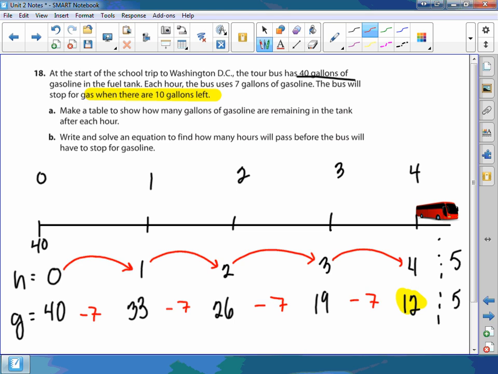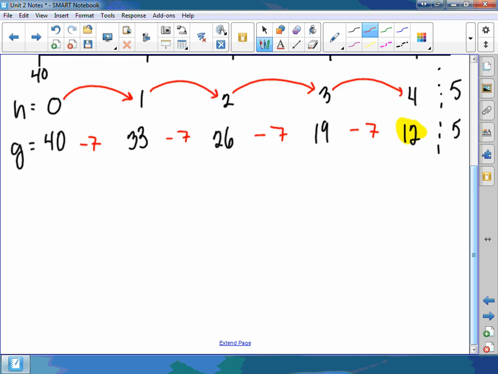If we see that constant rate of change, we would be multiplying the rate of change by the number of hours. But since it's losing 7 gallons per hour, we're deducting 7 gallons per hour every single time. And we need to deduct that from the starting point. The starting point was 40 gallons. So we start at 40 gallons. Every hour we lose 7 gallons. We're not going to fill up again until that total number of gallons would be at 10. So this is the equation that you would want to write for part B.